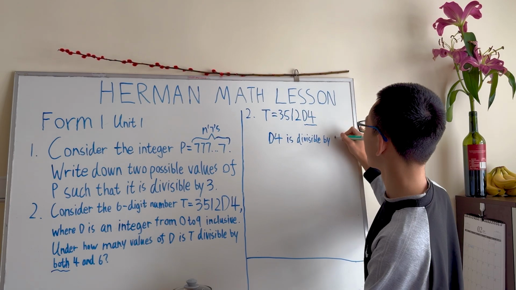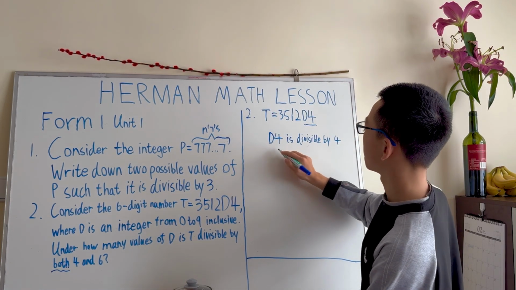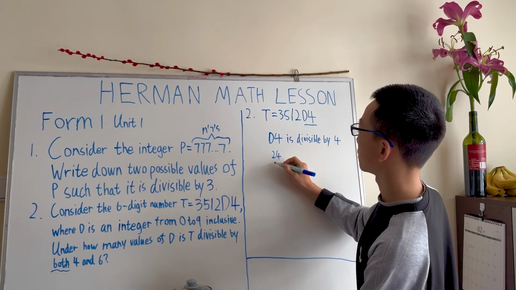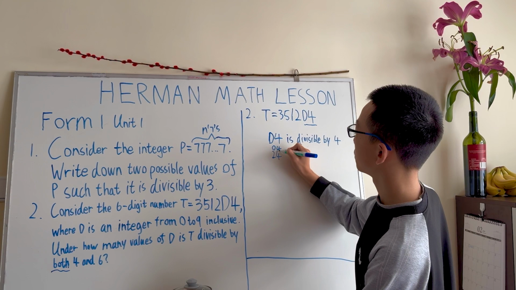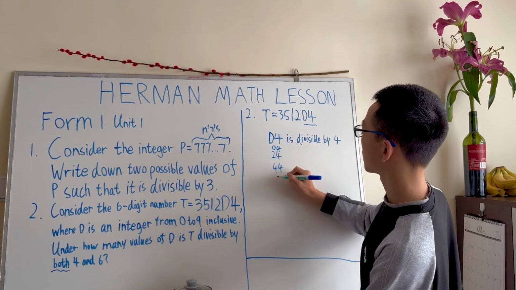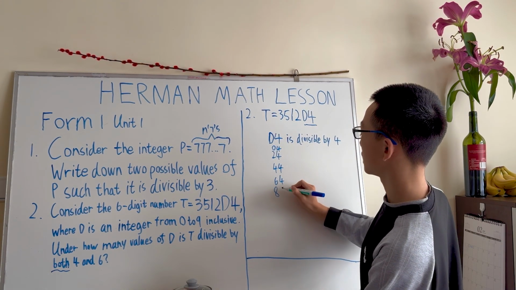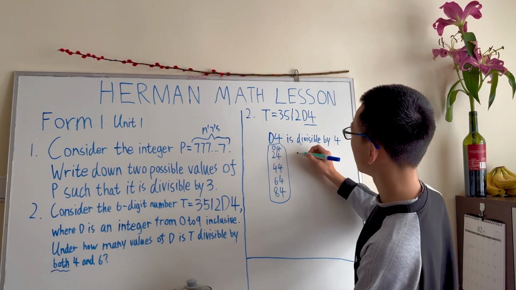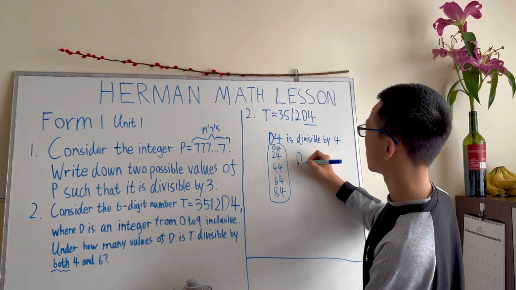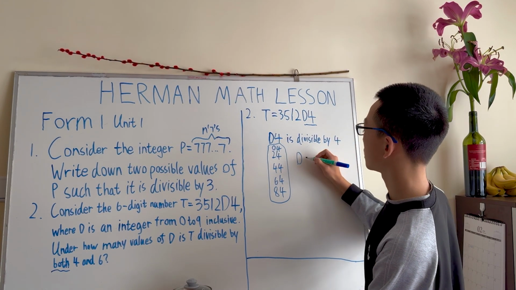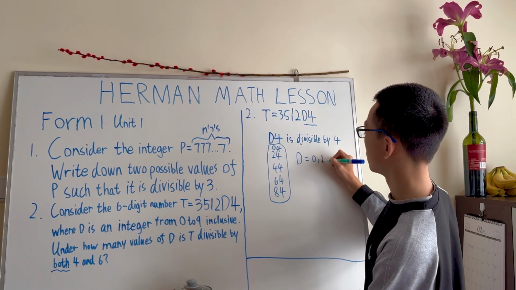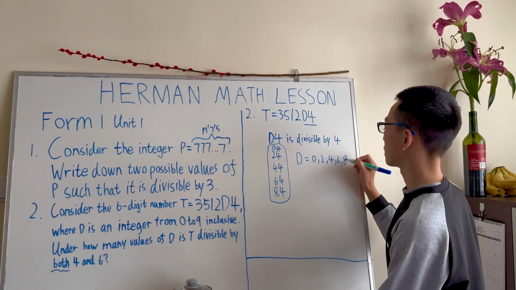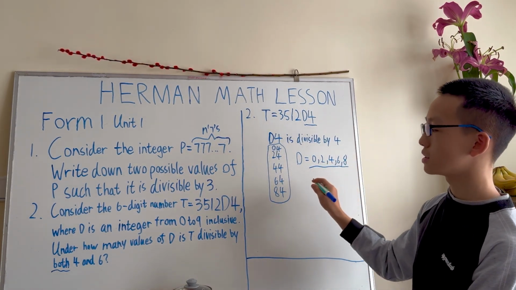We have 04, 24, 44, 64, and 84. These 5 numbers. So from the divisibility test of 4, we know that d equals 0, 2, 4, 6, or 8. We have these possibilities.